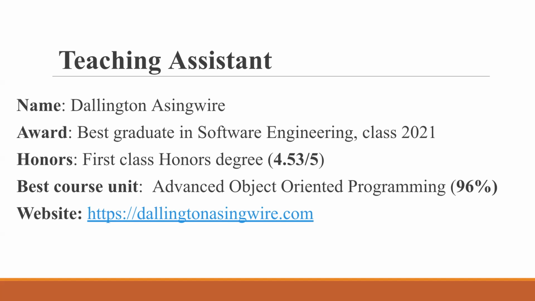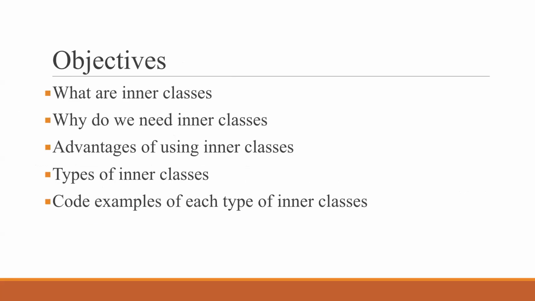My best quotient along the way was advanced object-oriented programming, where I got a 96. So you guys can challenge me and get that 4% that I failed to get the maximum. And I hope if I take you through inner classes today, this content is going to help you contribute to that 100% that you guys should be fighting for. My website is darlingtonasingwe.com.